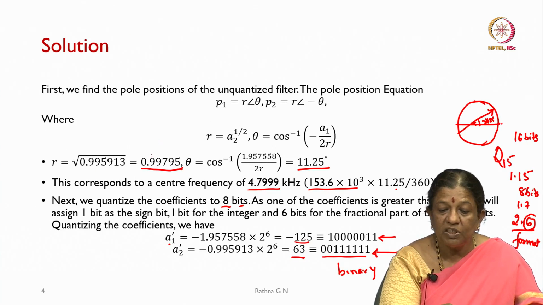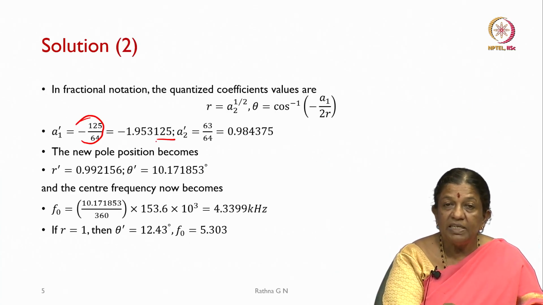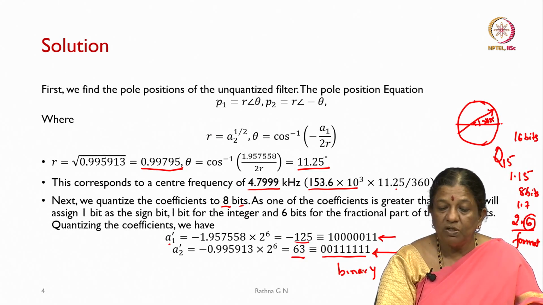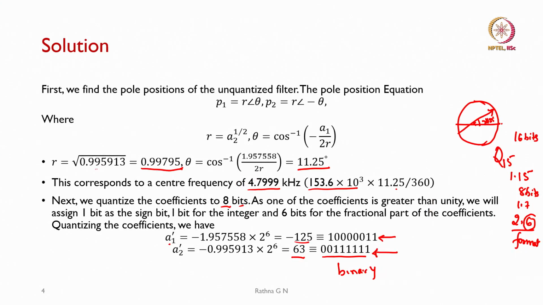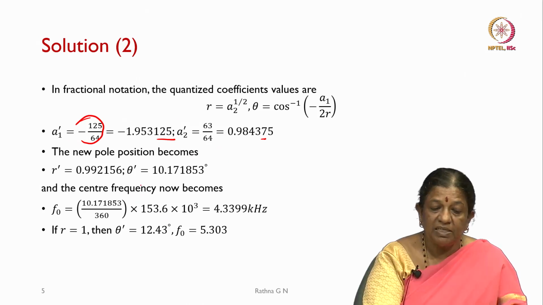So, what was the original? 1.957558. You will see that a quantization has already happened. Even for A2, you can see that we are doing 63 by 64, which comes down to 0.984375. What was the original one? 0.995913. So, now with this modified, calculate your center frequency, applying the same equations as the previous one.